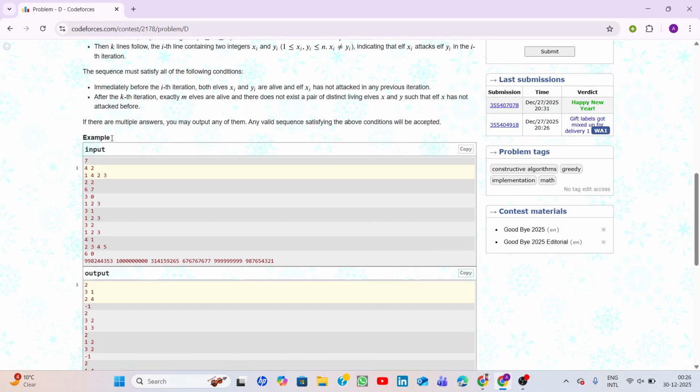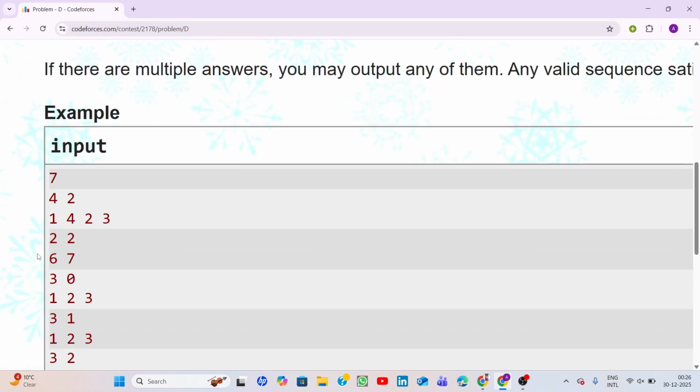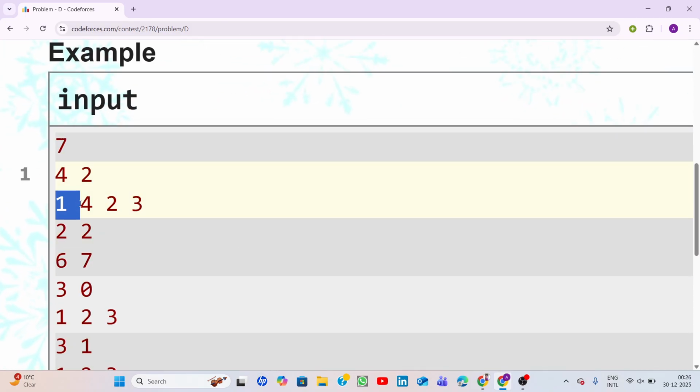Initially the value is given as hi equals ai. The destruction to another elf will be done based on the hi value, not on the ai value. The hi value is the original value that is given to us, and the ai value is the reduced value after the attack. So these are the differences between the hi value and the ai value.